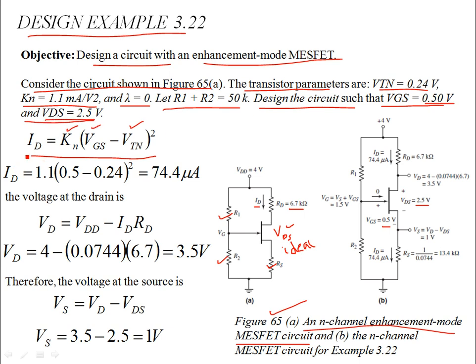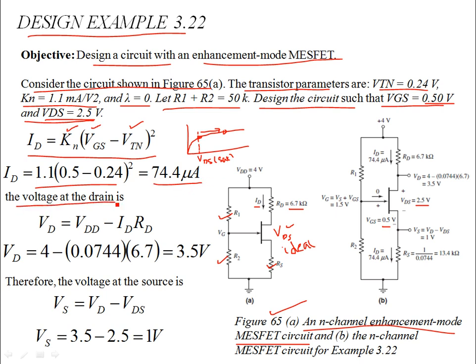We assume that this current is the saturation current, that is, it is independent of VDS, so this VDS is somewhere beyond the saturation point, VDS sat. Using this relationship to find the current, you find the saturation current is 74.4 microamps.